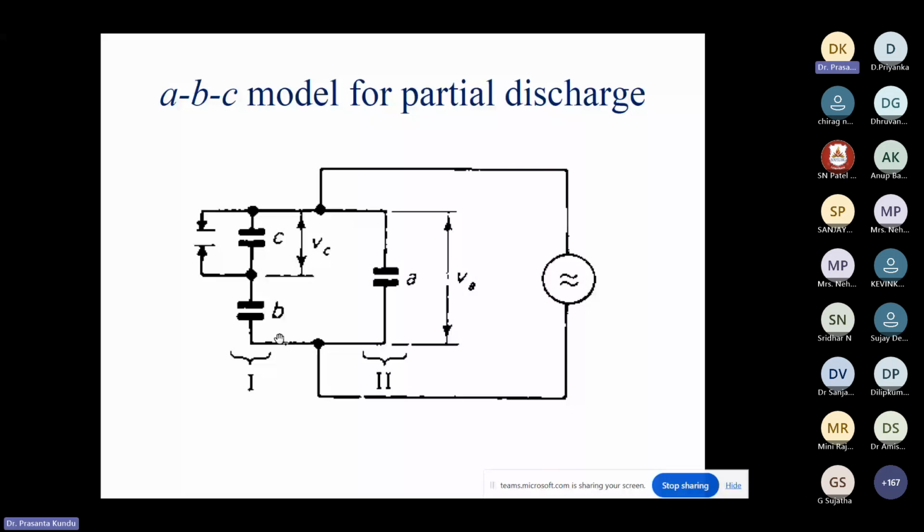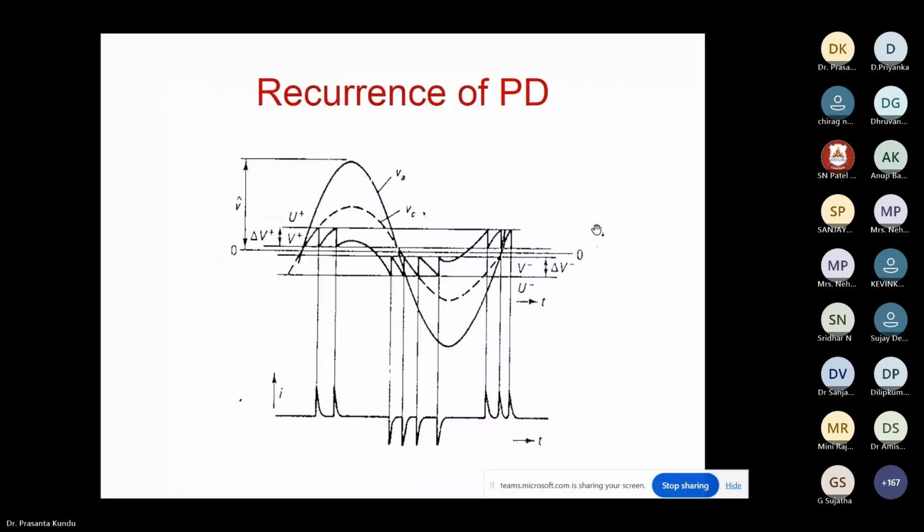Some voltage will come across the C and some voltage will come across the B. Total voltage will come across the B, A part. B part will be a part of it, A part will be the full voltage. So voltage at B plus voltage at C will be the full voltage. That's what is shown here. This is the division of the voltages.